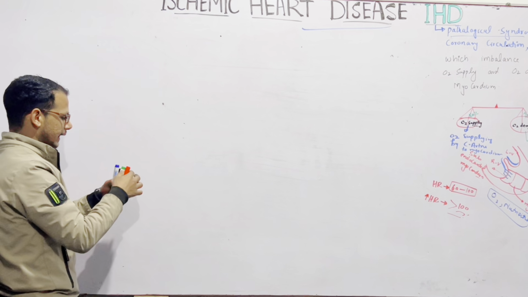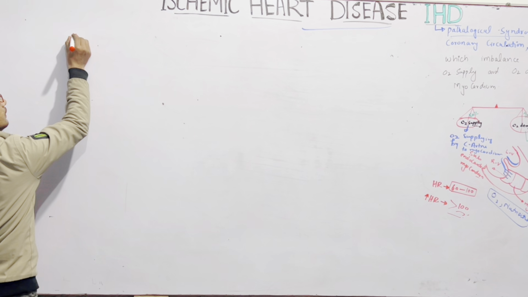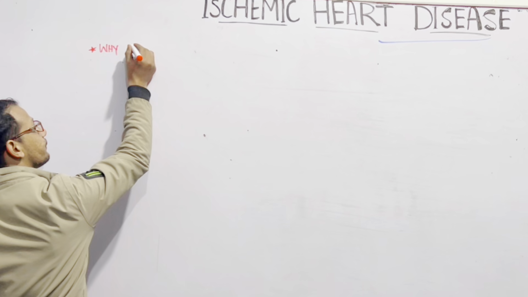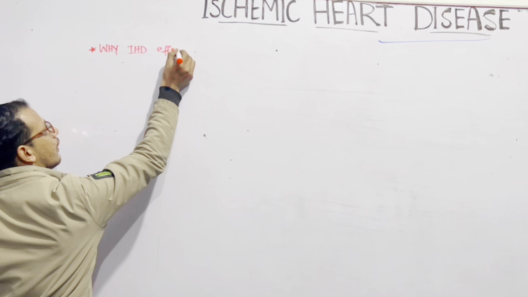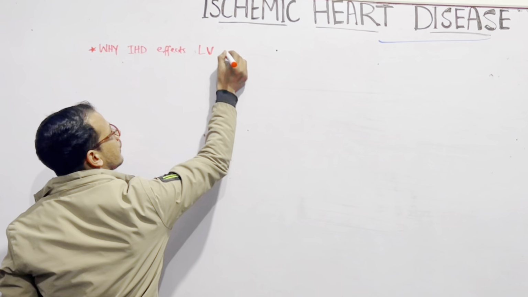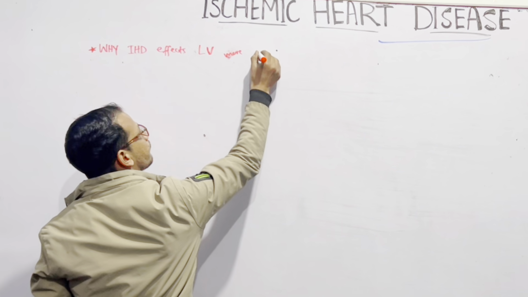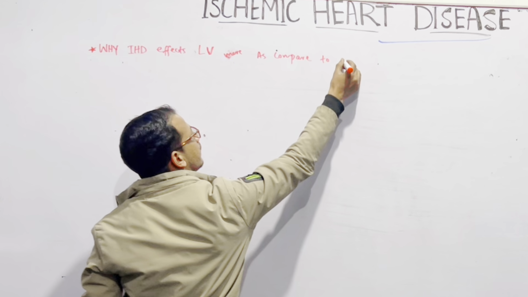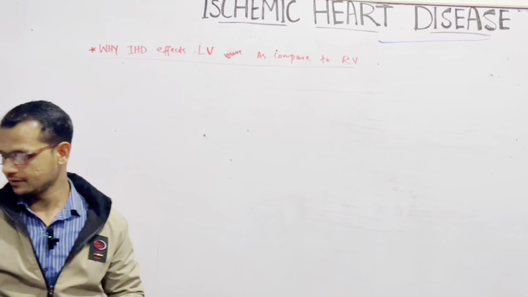For example, now our topic is why IHD affects the left ventricle more as compared to the right ventricle. There are some reasons.